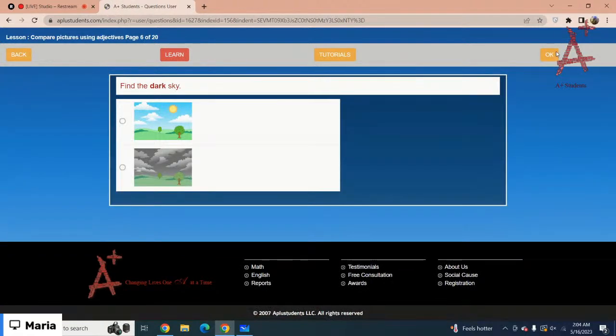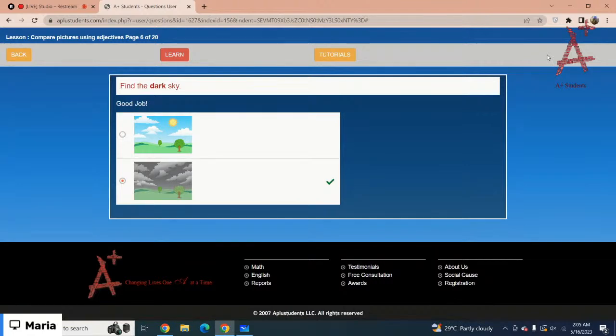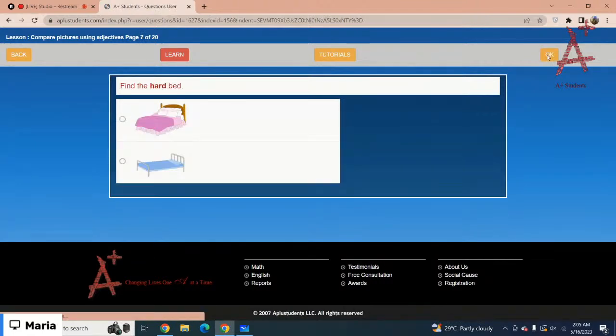Okay, find the dark sky. So which is the correct option, one or two? Which is the correct option? Dark room would be the second option. The correct option is the second one. Find the hard bed. Which is the hard option, one or two?